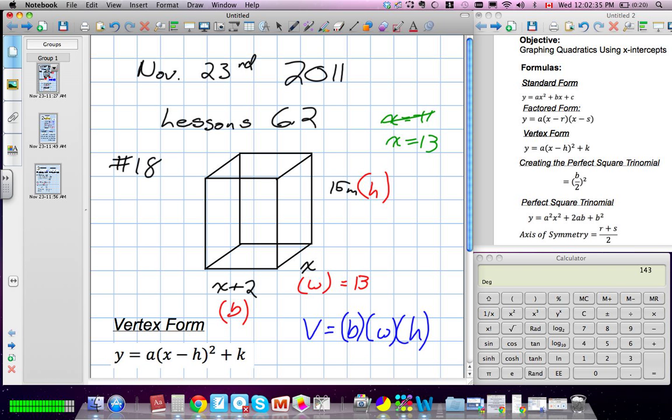What will our base be in that case? 15. It'll be 13 plus 2 because of our formula. Our base will be 15. So those are the dimensions of the rectangle. Oh, did I mix those? Sorry. So it's 11. Sorry, the 11 was positive and the 13 was negative. So our dimensions are 11 and 13. Thank you.